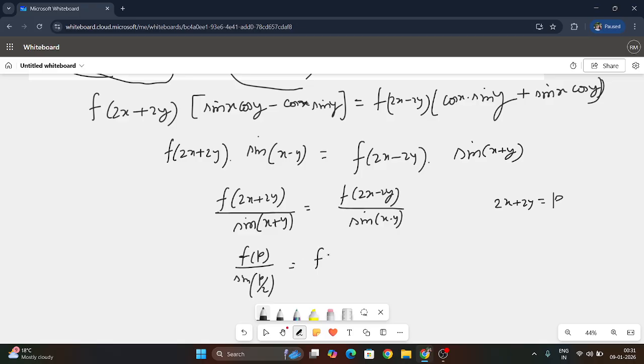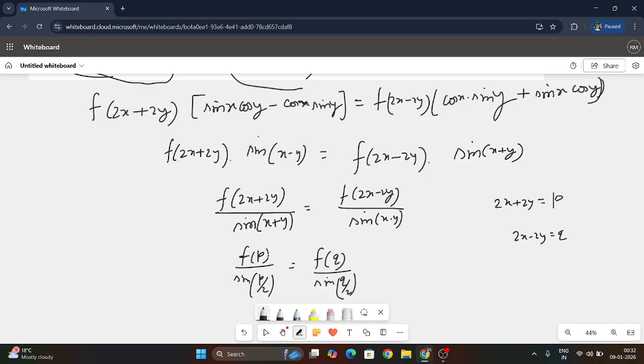Similarly, I can consider 2x minus 2y is equal to q. So this is going to be f q divided by sine q by 2.